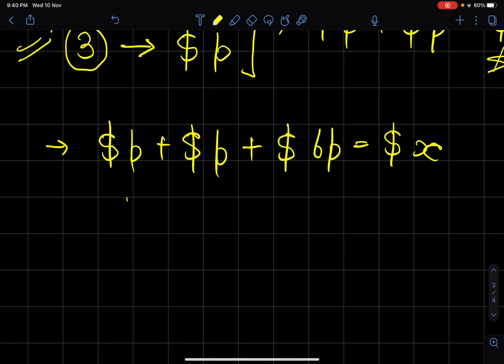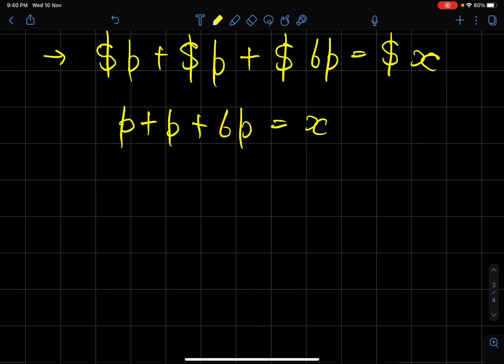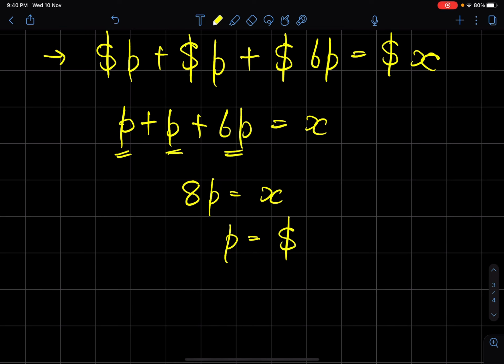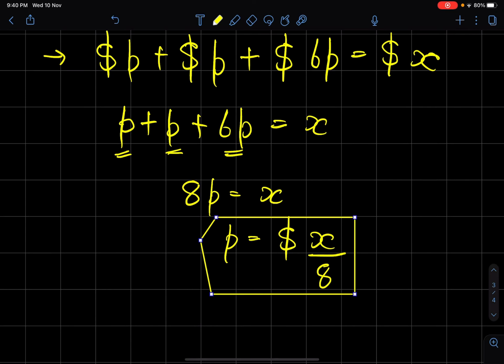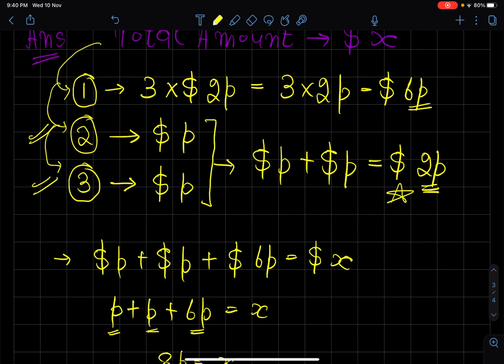It makes a simple algebraic equation: P plus P plus 6P is 8P, which equals X. So P is $X upon 8. All right, I guess you are all pretty clear about that.